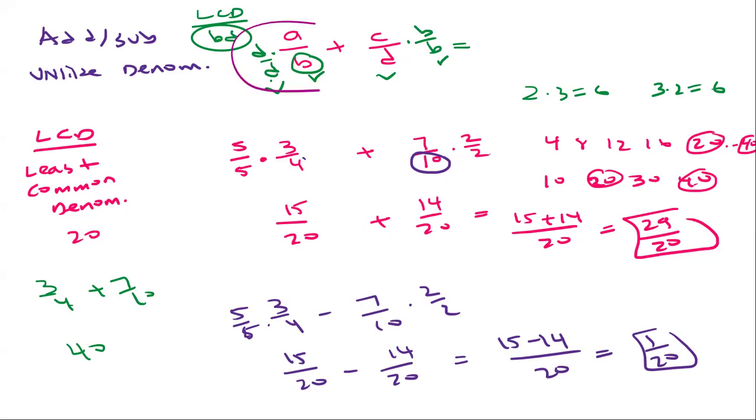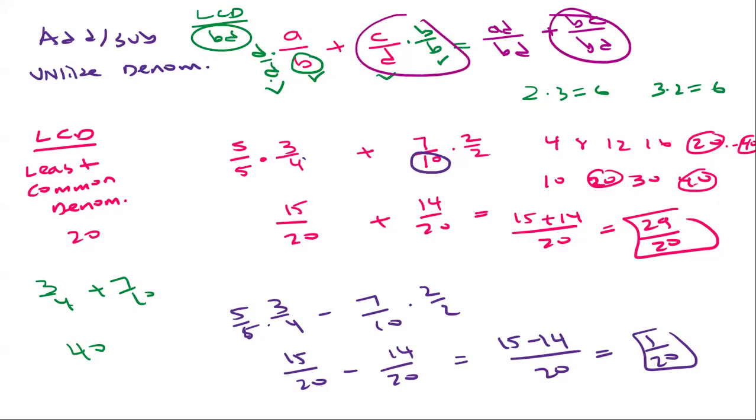So I'll have AD over BD. This here is the same thing as this, they're just putting the letters in order. And then this one will be BC over BD. Again, this is the same thing as this because 2 times 3 is the same thing as 3 times 2. It doesn't matter the order, you'll get the same result.